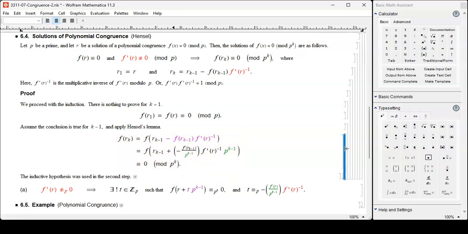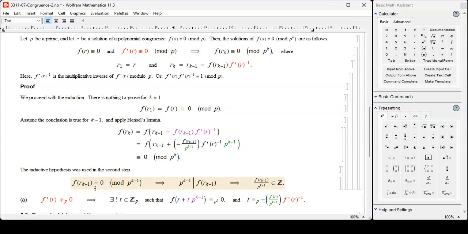And that's where we use the inductive hypothesis. You see, this thing here, f of rk minus 1, rk minus 1 is a solution of the previous equation, of the congruence of the previous generation, modulo p to the k minus 1 power.